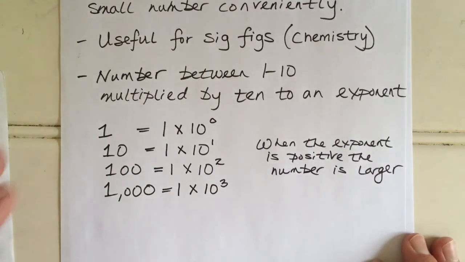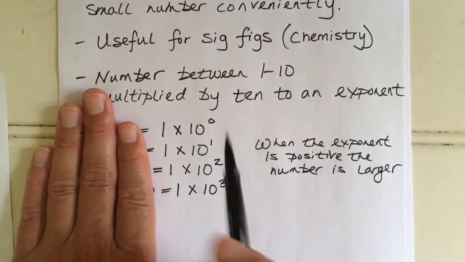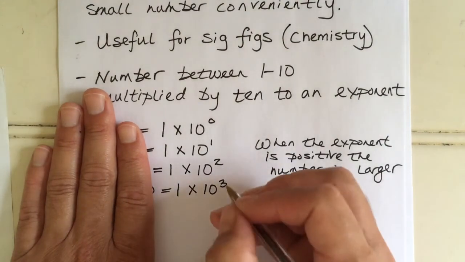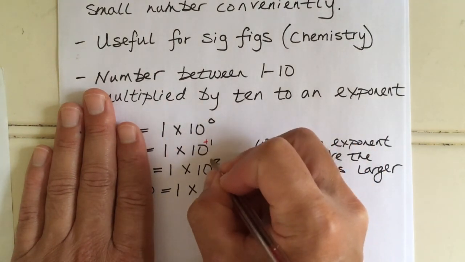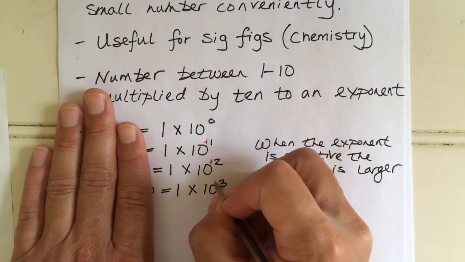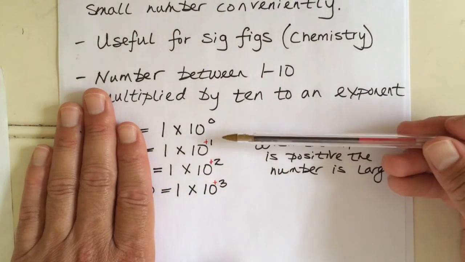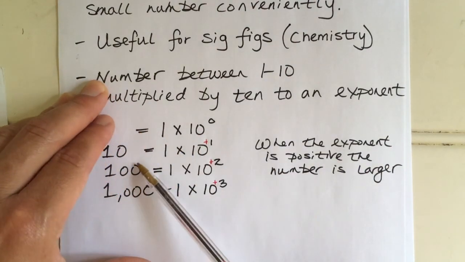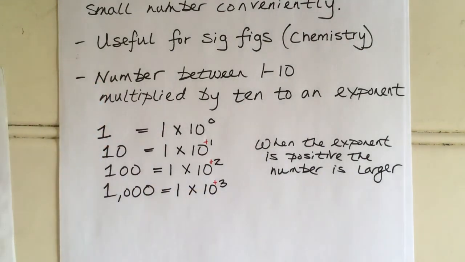So what I'm trying to say there is something like this, right? When this is a positive 1 or a positive 2 or a positive 3, these all represent larger numbers than 1, right? Because this actually represents 10, this actually represents 100, this actually represents 1,000.